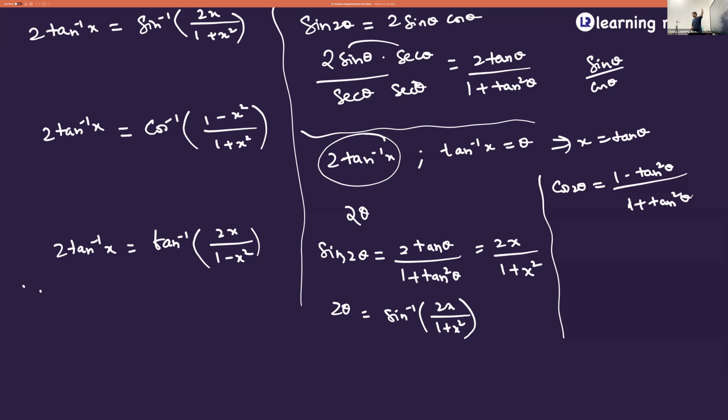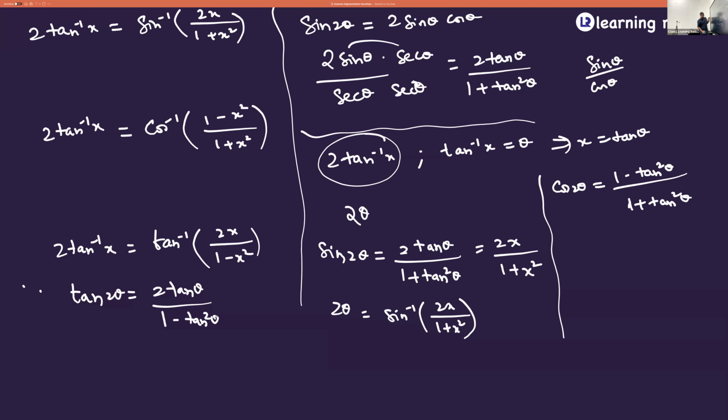Take the cos inverse to the other side, you're done. Similarly, 2 tan inverse x is what? You can write, what is tan 2 theta? 2 tan theta by 1 minus tan square theta. Again, 2 theta is 2 tan inverse x. Take the tan inverse to the other side, 2x by 1 minus x square.